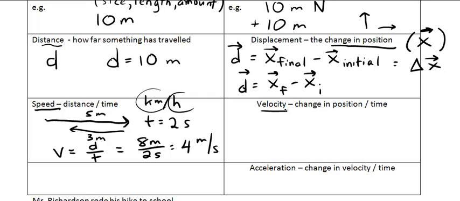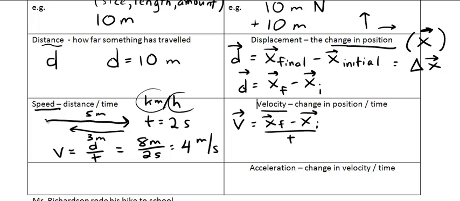But in physics, there is a slight difference. Actually, it can be a big difference. The symbol for velocity is v, like speed, but it has an arrow over it to show that it's a vector. And it is equal to the change in position over the time.